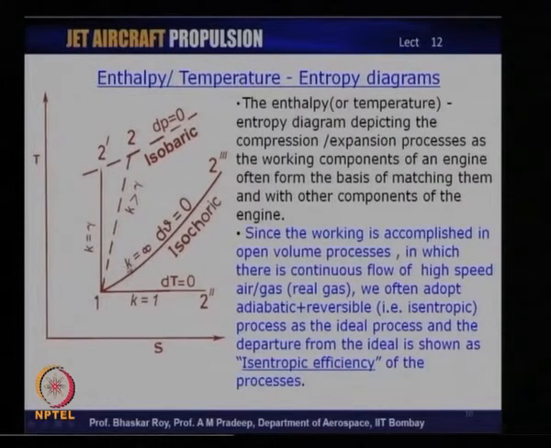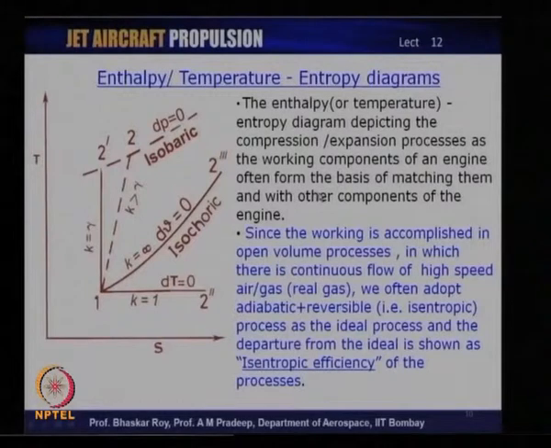And then we have k equal to 1, which is the isothermal process, that is 1 to 2 double prime over here, and then k equal to infinity, where the change of specific volume is 0, that is the isochoric process, and it goes from 1 to 2 triple prime. So, all the processes we had talked about earlier are now shown here on the TS diagram, and those are the typical lines or paths through which the compression process would proceed from 1 to 2, 2 being the end of the compression process.